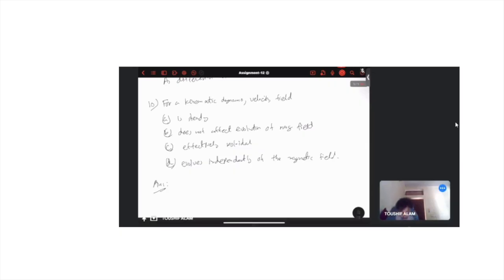Okay, so basically straightforward answer. For a kinematic dynamo, velocity field actually evolves independently of the magnetic field. Option D is the right answer.